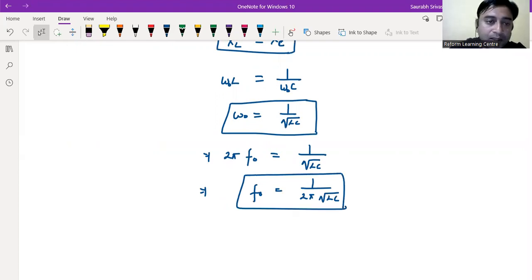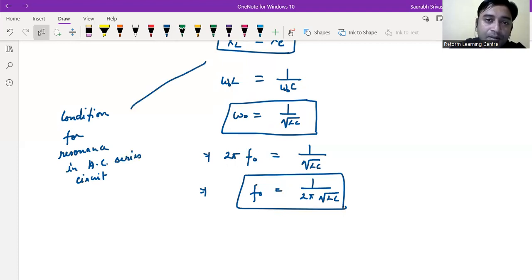Now, this is the condition for resonance in AC series circuit. अलग अलग सर्किट में condition will be different.